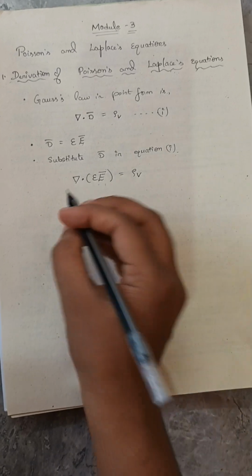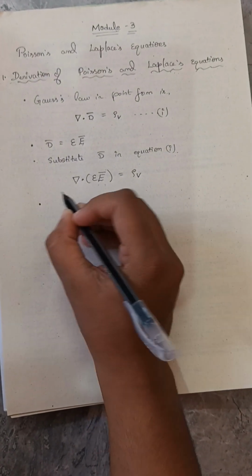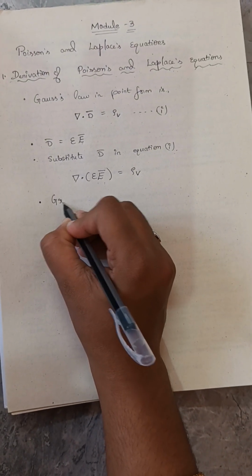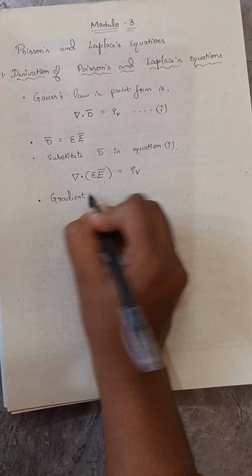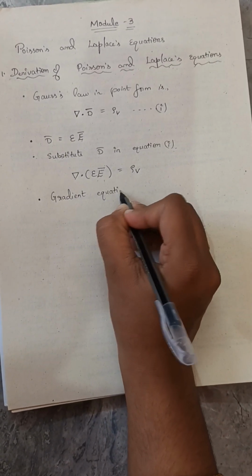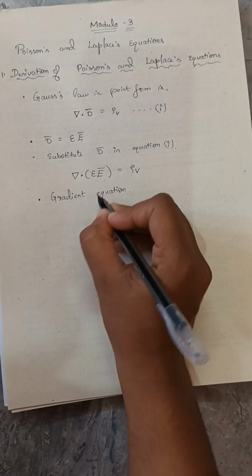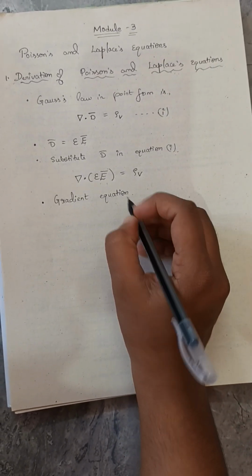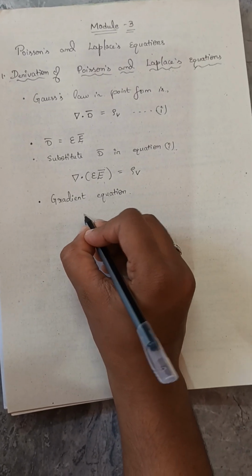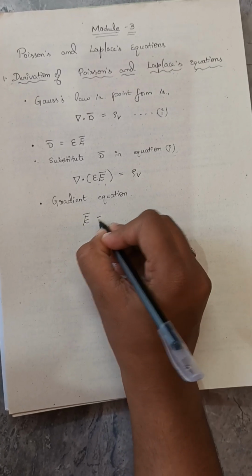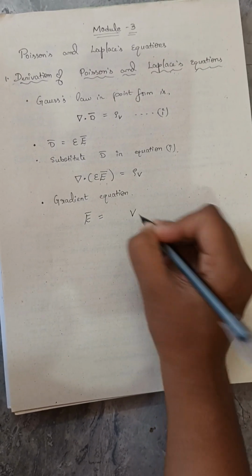Now we are going to do one more substitution, and that is the gradient equation. We learned about this gradient equation in module 2. It gives the relation between electric field intensity and electric potential.